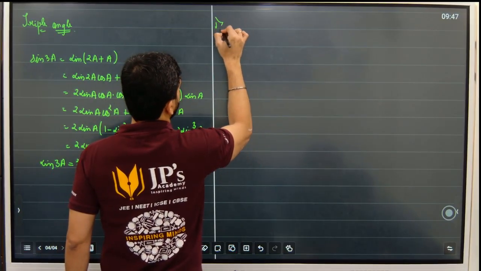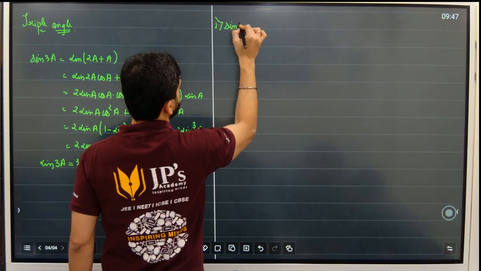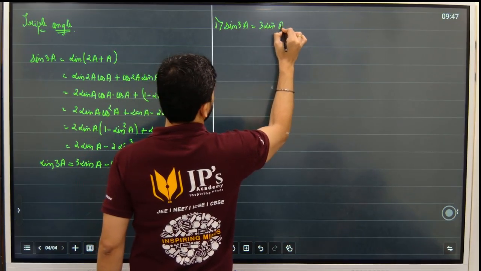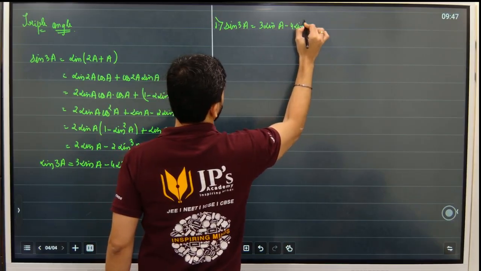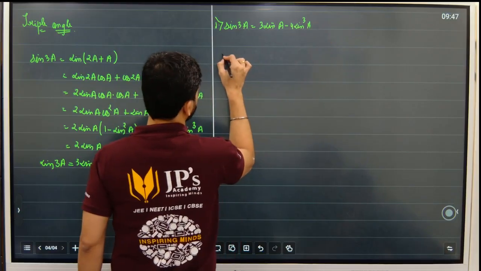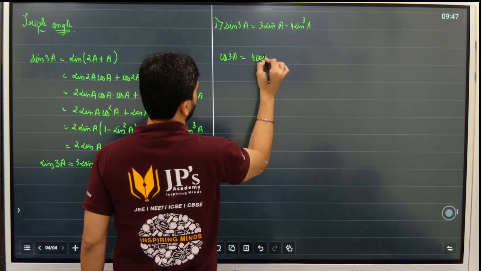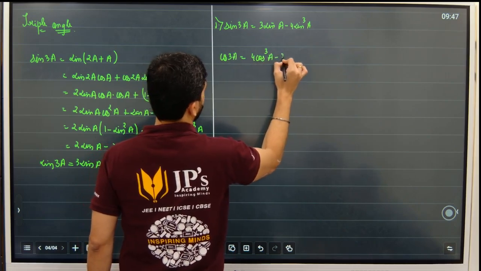So first formula is, and we have written this in the previous lecture, still writing it, sin 3a is equal to 3 sin a minus 4 sin cube a. Cos 3a is equal to 4 cos cube a minus 3 cos a.